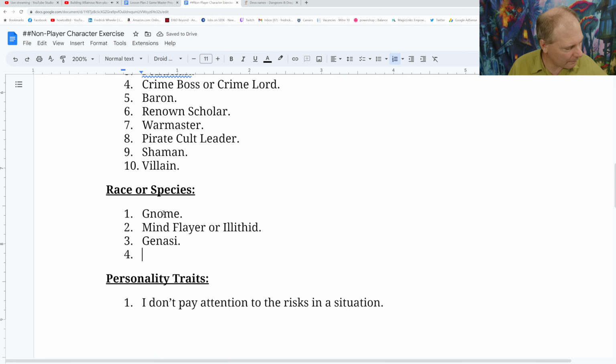Okay. We've got 3 species. We could pick anything under the sun. We could make them gnome with some troll, perhaps a rock gnome.